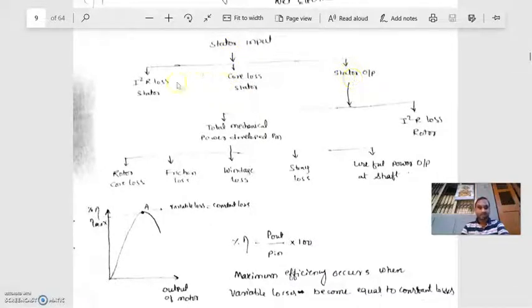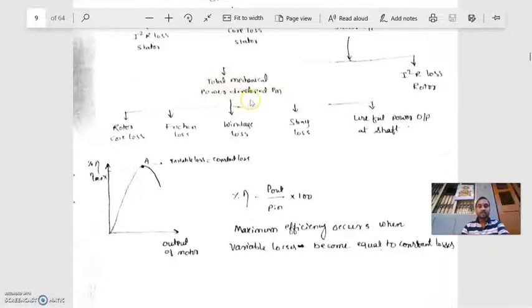If you add these three, this gives the stator input. Stator output is divided into two: one is I square R loss across the rotor, and the other is the total mechanical power developed, that is PM. This is called the copper loss and output of the stator.